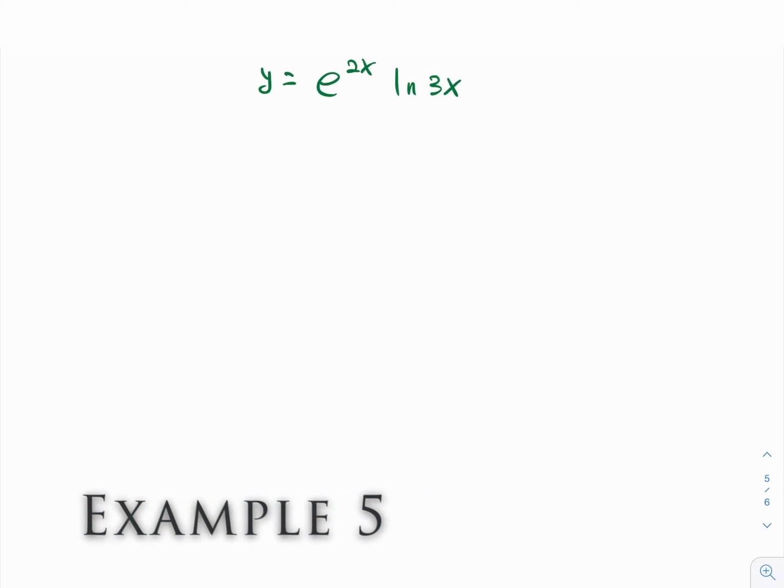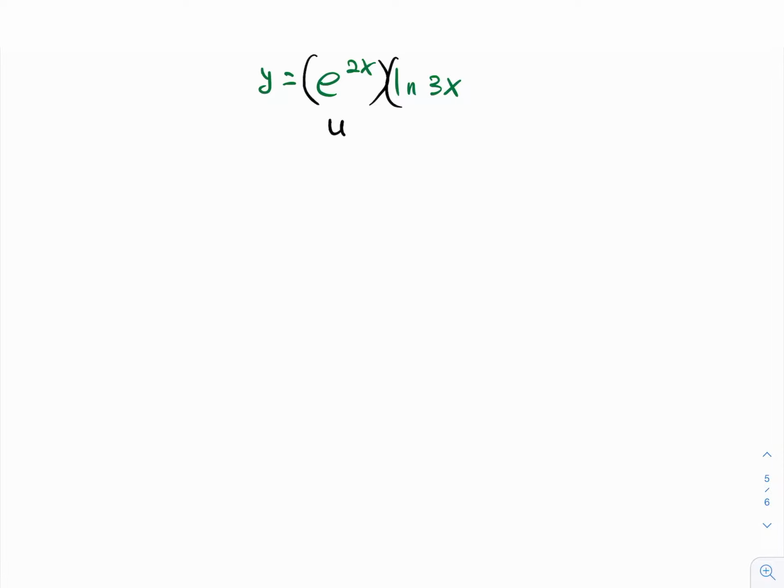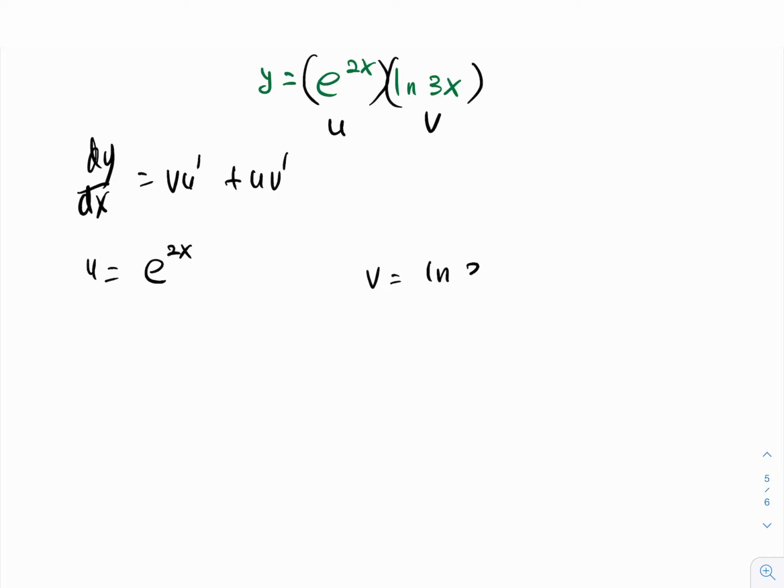Okay, I'm going to show you one more example. Now our function involves exponential functions and log functions, but it's just the same. First, we have to identify our u and v. To find dy/dx, v u prime plus u v prime, u is e to the power of 2x and v is ln 3x. If we differentiate the exponential function, you have 2e to the 2x, you differentiate the exponent and multiply by the exponential function.